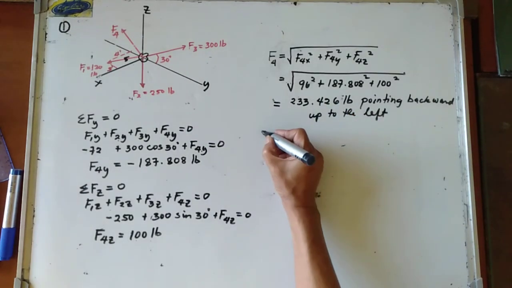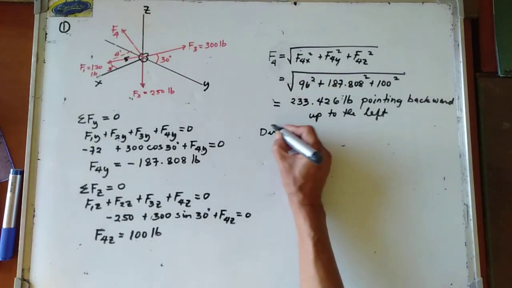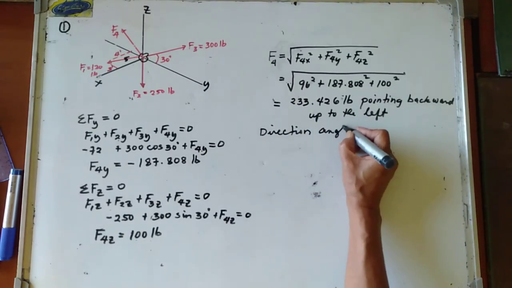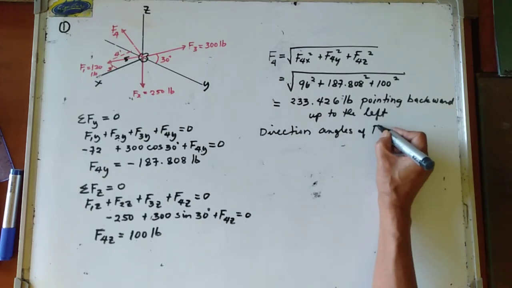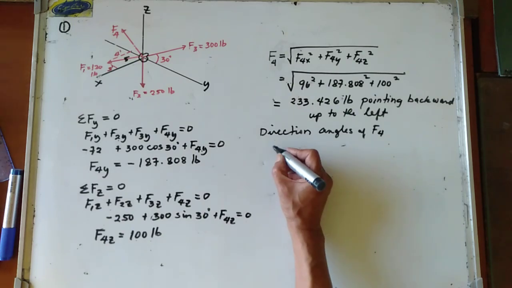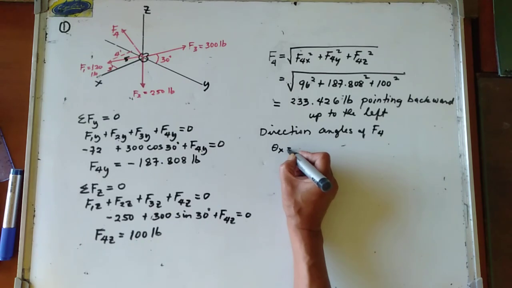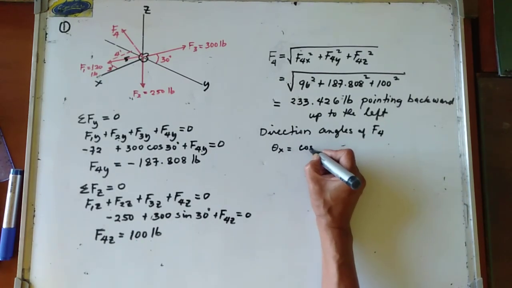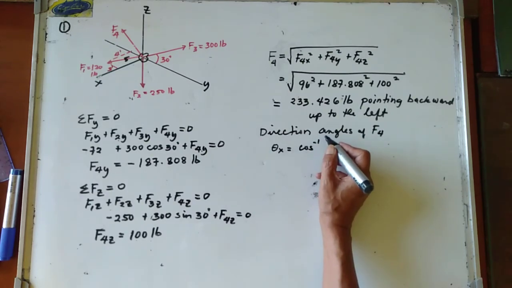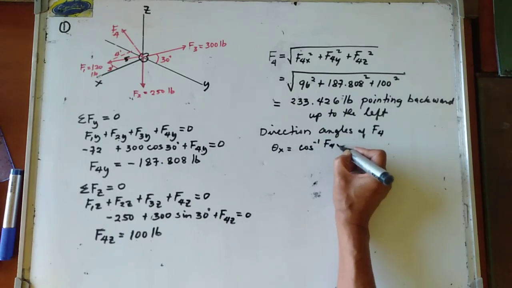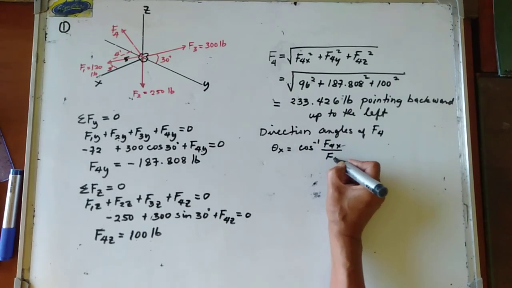Let's try to determine now the direction angles of F4. Your theta x is equal to the arc cosine of F4x all over F4.